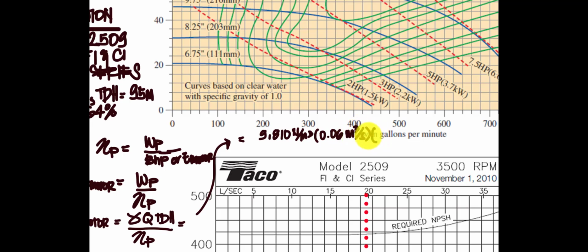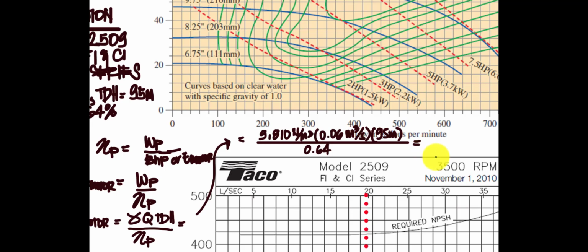Then we multiply it by total dynamic head, which is 95 meters, then divided by our pump efficiency, which is 0.64. So we have the motor horsepower, or electric consumption of our electric motor.